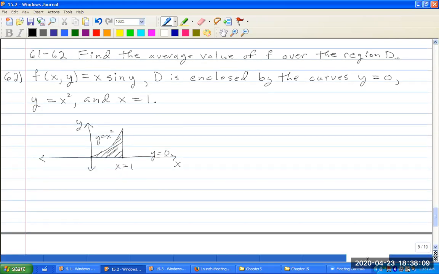So let's integrate first with respect to y, then with respect to x. Okay, so the average value of f will equal, well, let's see, this is going to be the double integral.